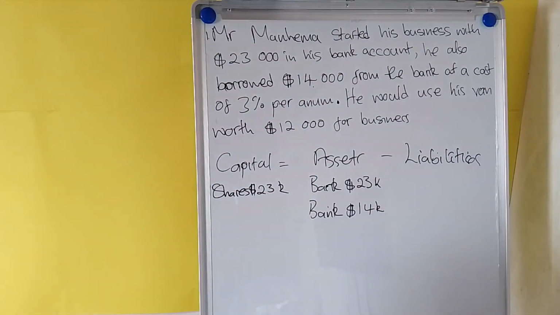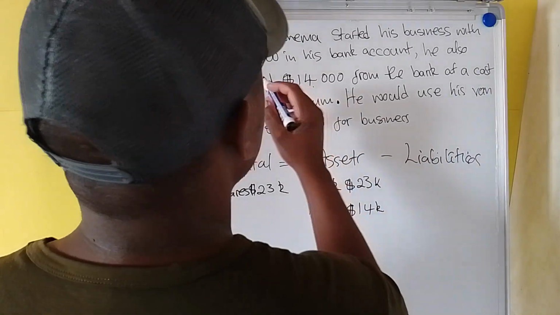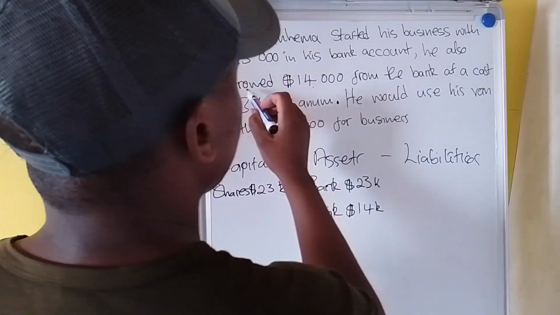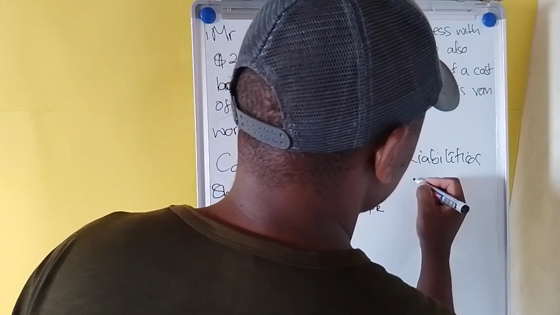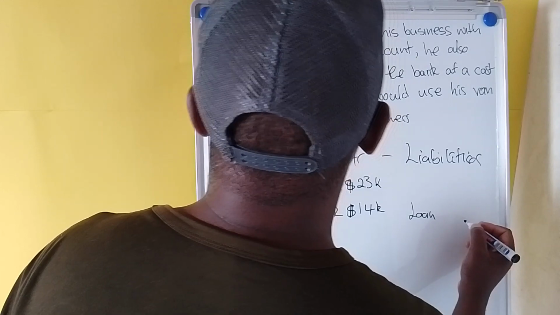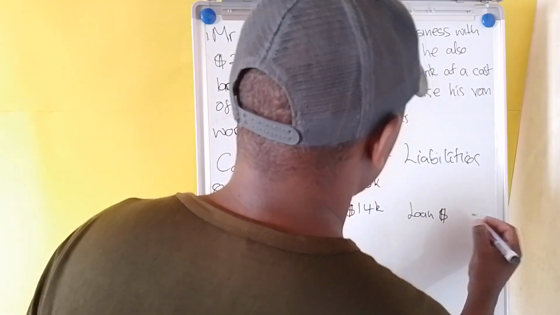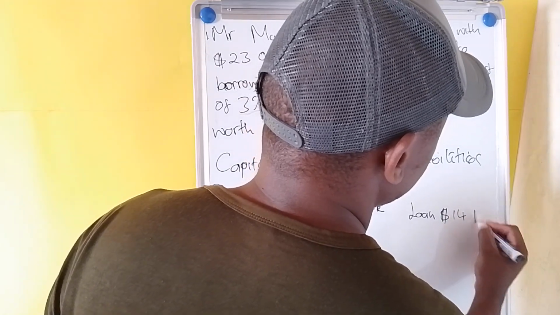Now the loan in our books actually comes as a liability. It's a liability to our company. So we have to add it under liabilities, 14K again.